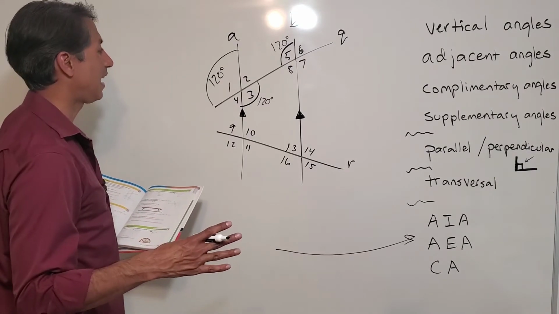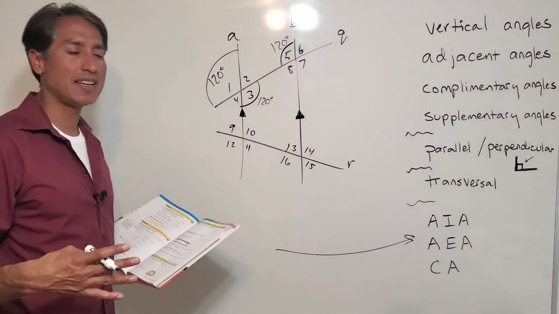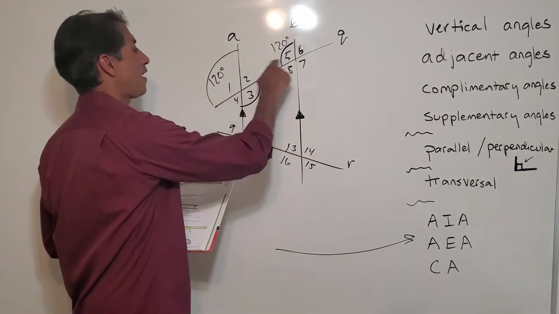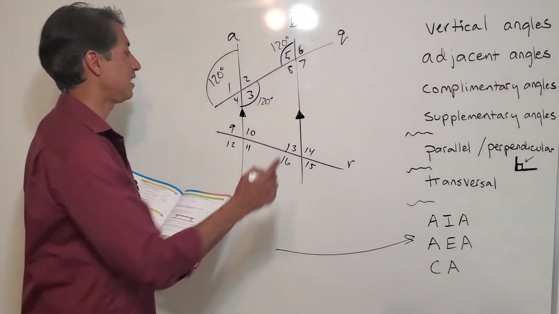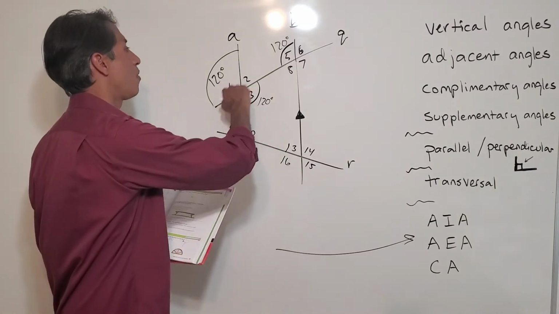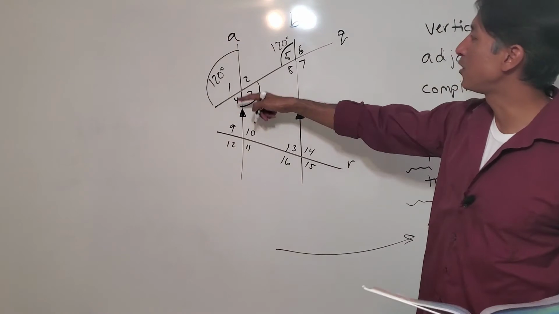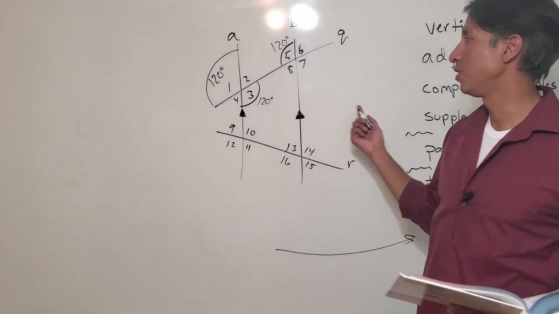We just talked about it. Those are corresponding angles. So 1 and 5 are corresponding. So you really didn't need to jump and go alternate interior. You could have just said, well, 1 and 5 are corresponding angles, so therefore they have to be equal to the same thing, which is 120.